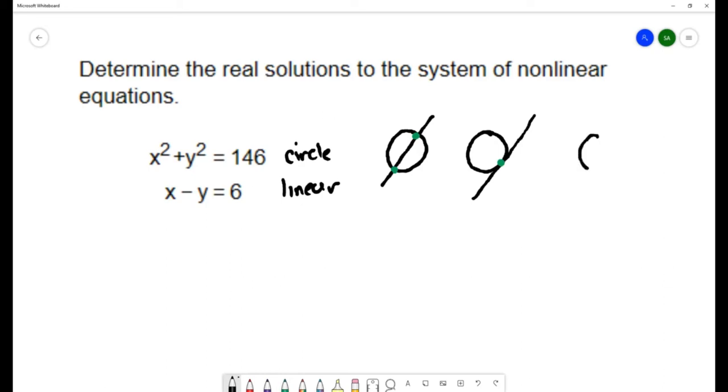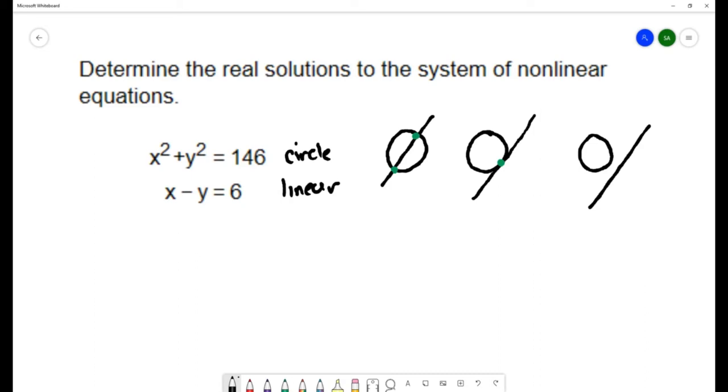Or the circle and the line could miss each other and have no intersection points, and we might have no solution for this system. So as I'm working through this, I am expecting to either get two solutions, one solution, or no solution to the system.